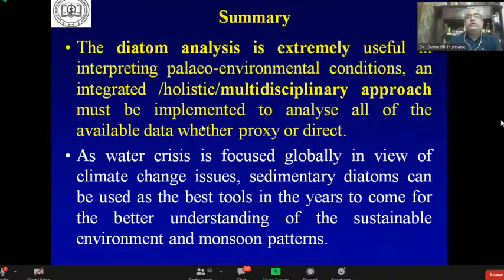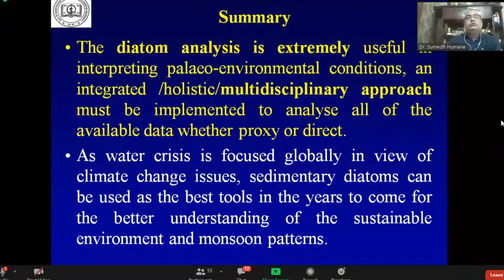Considering the global crisis of water, sedimentary diatoms can be used as the best tools in the years to come for a better understanding of a sustainable environment. You can even use these diatoms to study the monsoonal pattern, paleo-monsoonal conditions, and you may use that further to extrapolate for future trends of the monsoon, at least for the coming 50 years or so.